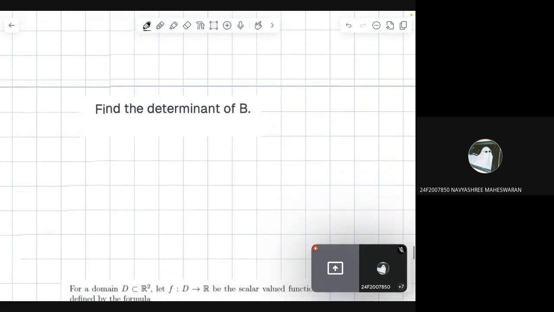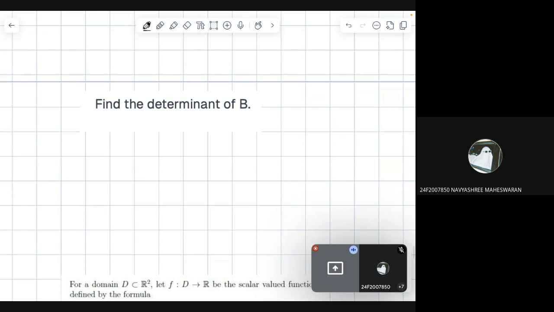Okay, so the determinant of B. This is related to the previous question actually. In the previous question, when you calculate, you will find the rank is coming out as 2, and if the rank is coming out as 2, it means there is a linearly dependent row or column, right?